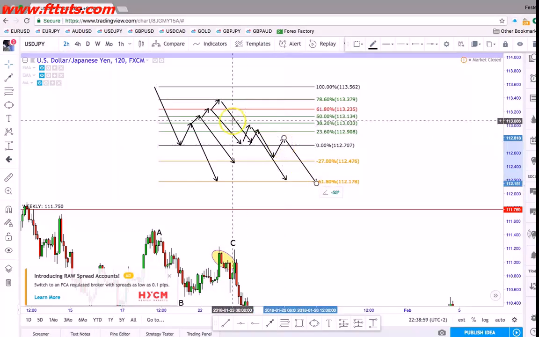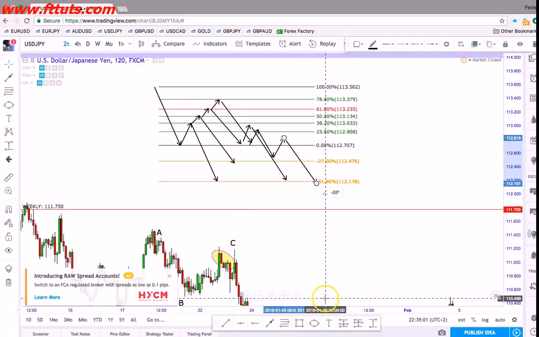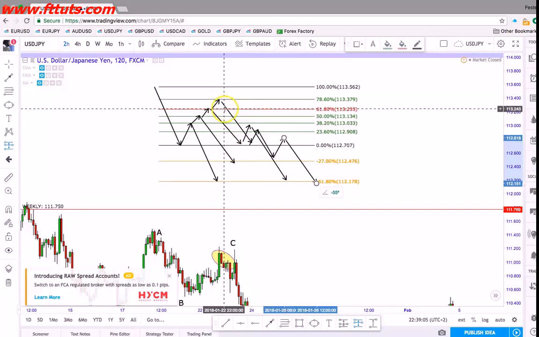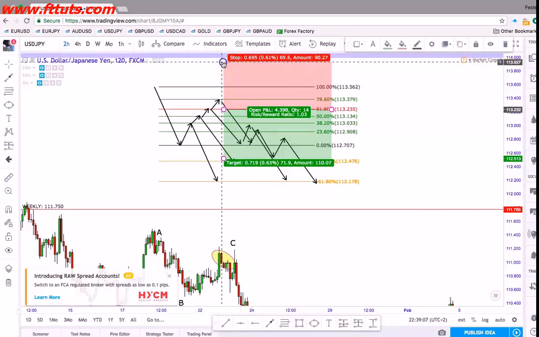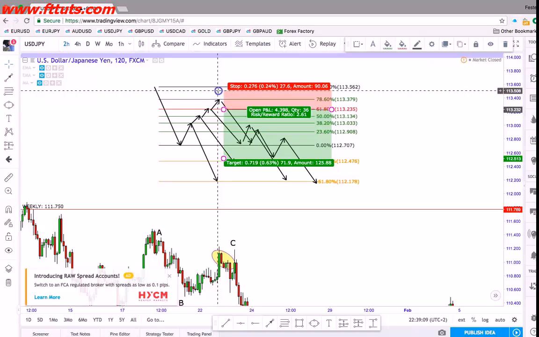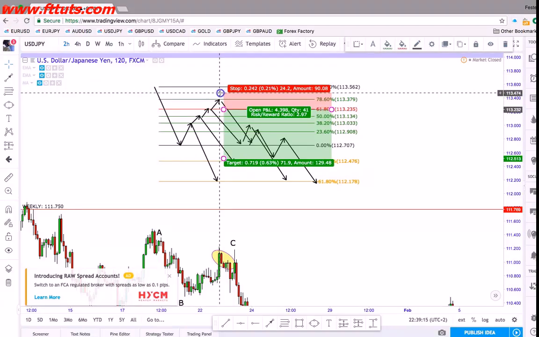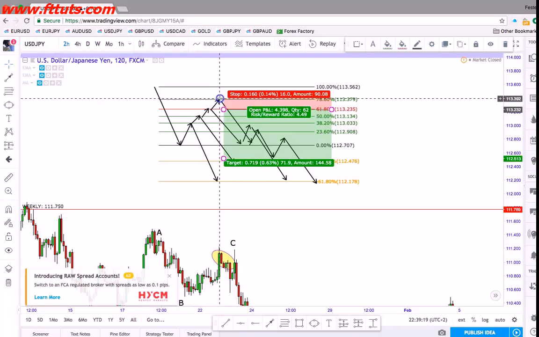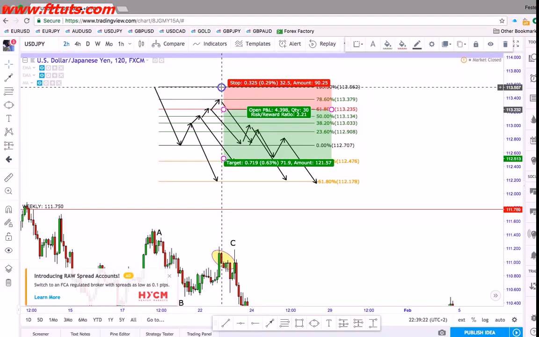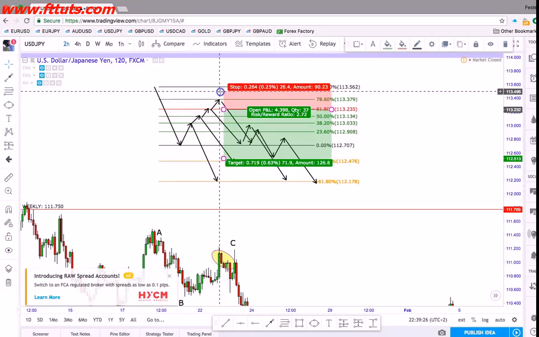Now, why I like to trade the 61.8 is because when you take out your short position tool and you're grabbing an entry at the 61.8, you guys know the rule of Fibonacci and where your stop loss needs to be. Your stop loss level needs to always be 30 pips above the 78.6 area. So if you're looking at 78.6, you will see it's showing 113.379.